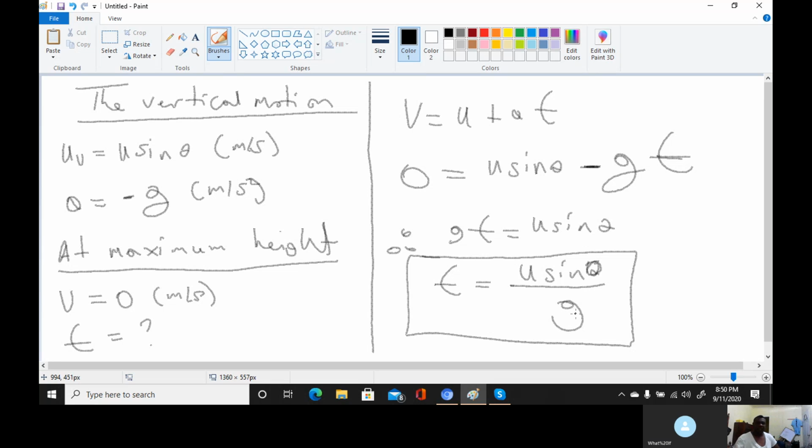Agreed? So the time to reach maximum height is dependent on gravity. Also, it should depend on the initial velocity of the object, and it depends on the angle.